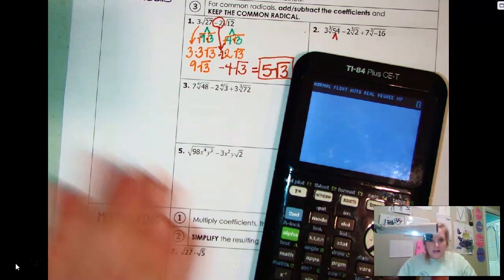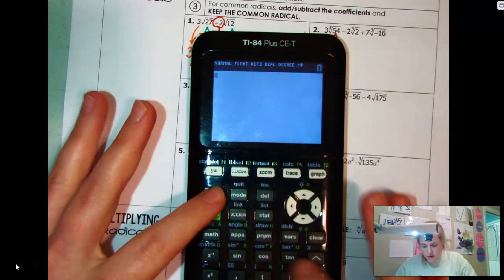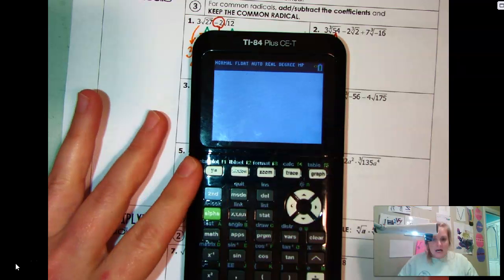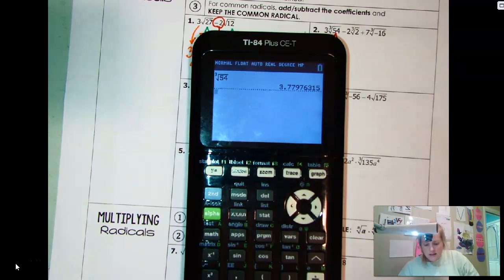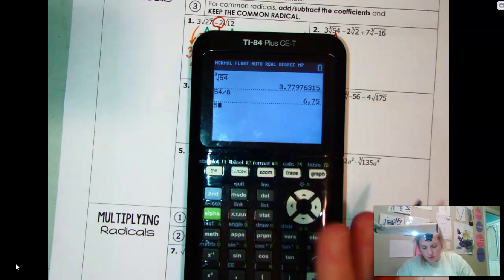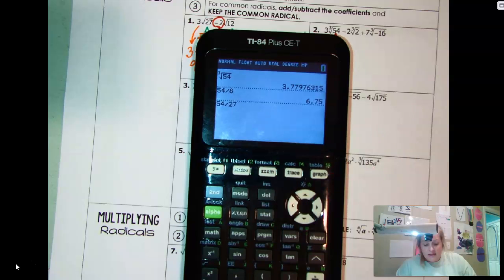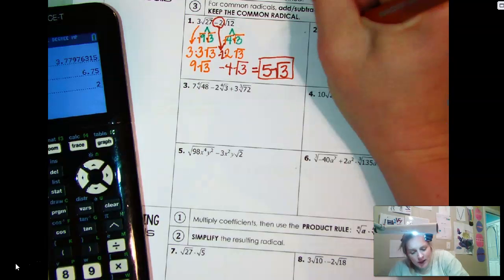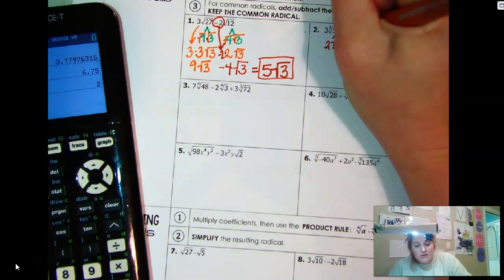Okay, so 54. You could do the cube root of 54 and just check. It's not a perfect cube, okay? So then I could take my perfect cubes and say, all right, 54 divided by 8. No. 54 divided by 27. That's a yes. Okay, so that means I can take that and split it up. 27 times 2.